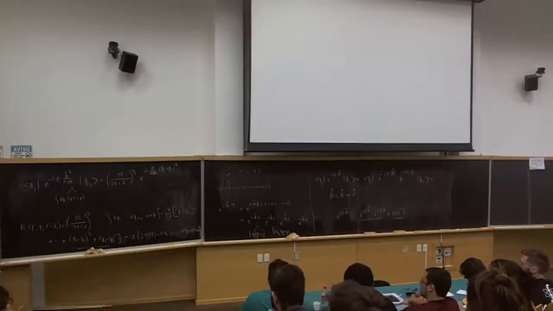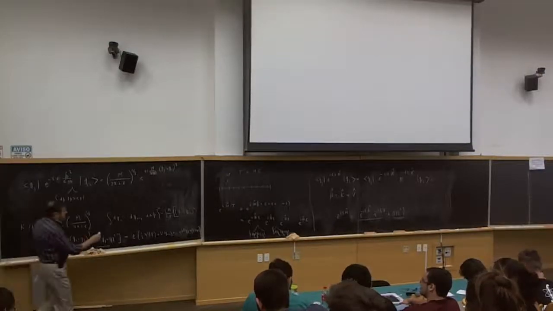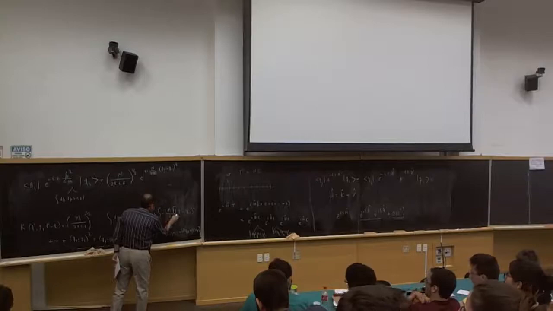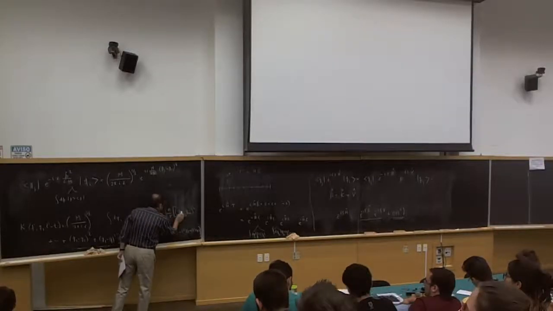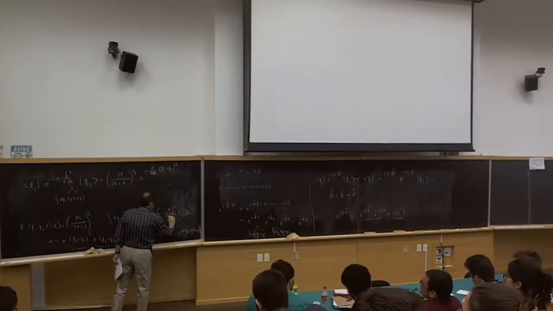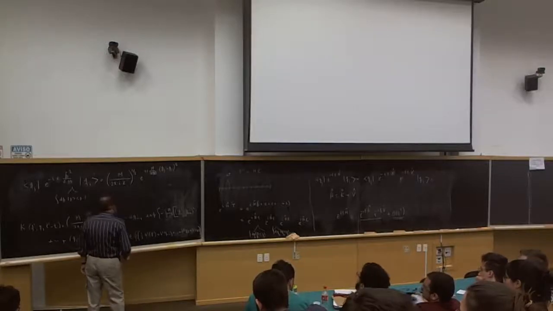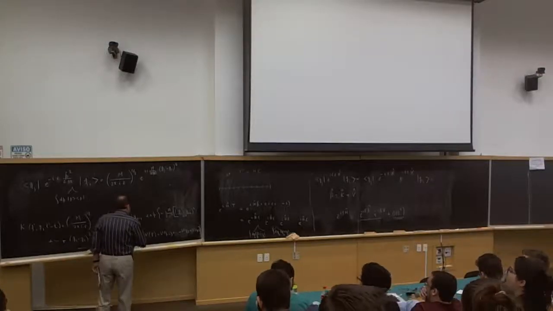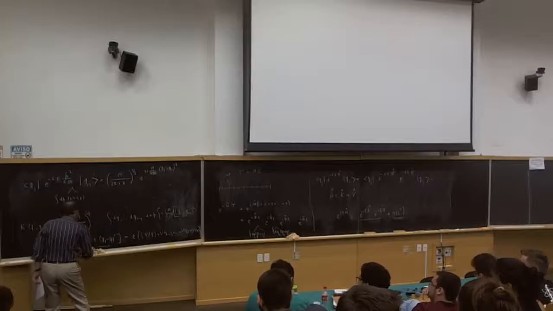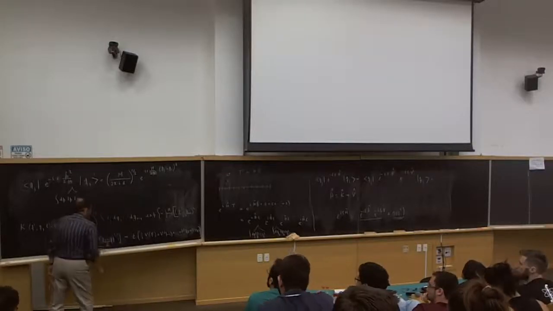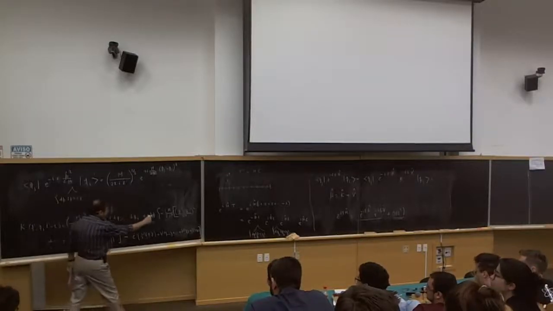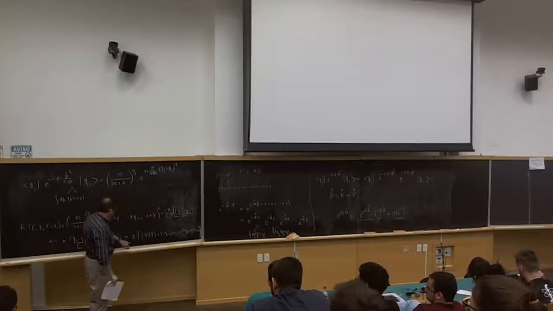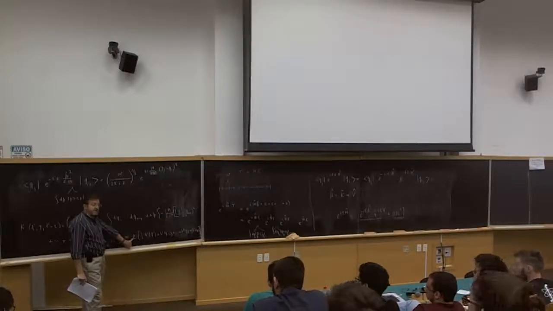So I do the trick here, put an epsilon squared here, but then I have to multiply by epsilon here, and epsilon here. So this term has an epsilon there, and this term has an epsilon there.